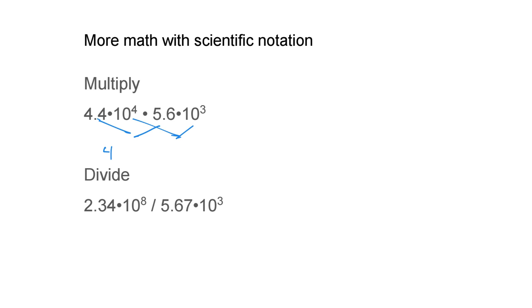And so I'm going to do 4.4 times 5.6 times 10 to the 4th times 10 to the 3rd. This is all just being multiplied, so I can use that commutative property of multiplication to rearrange it. Now, what is 4.4 times 5.6? 4.4 times 5.6 is 24.64.